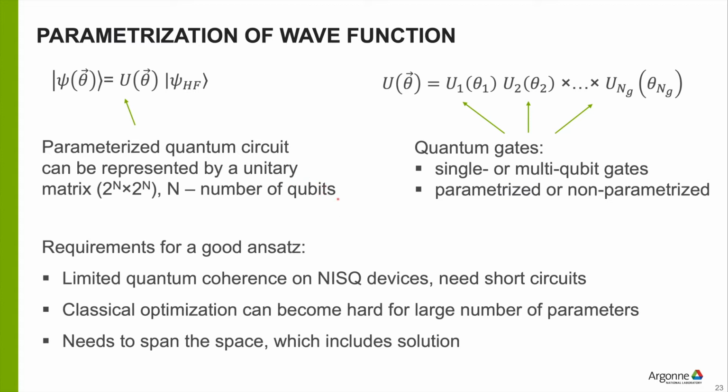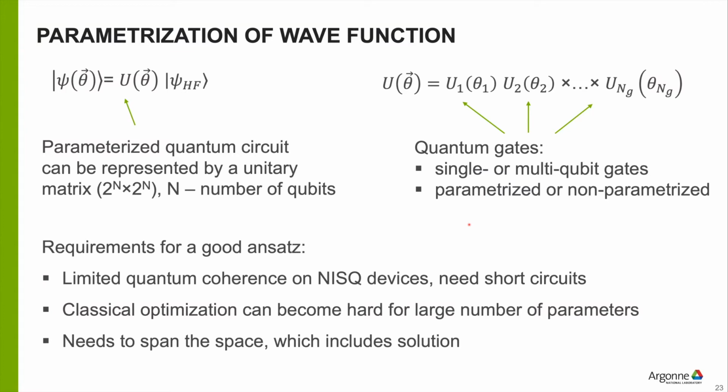And this can be represented as a tensor product of multiple unitary operators acting on different qubits. And usually we have single and multi-qubit gates. They can also be parametrized or non-parametrized.